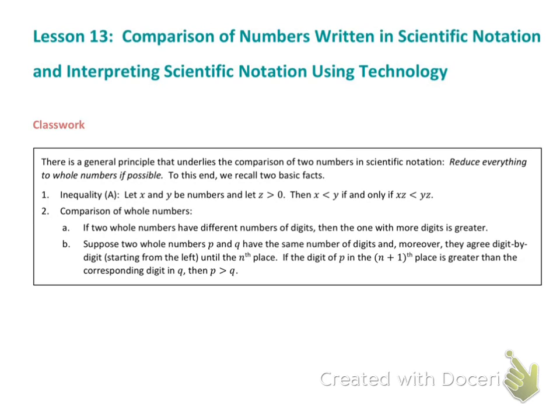I'll let you read them, but I want to explain what they're saying. So the first thing is, we know how to compare whole numbers. So if we can reduce this task to comparing whole numbers, then we've got it kind of covered, because we know some things about whole numbers.